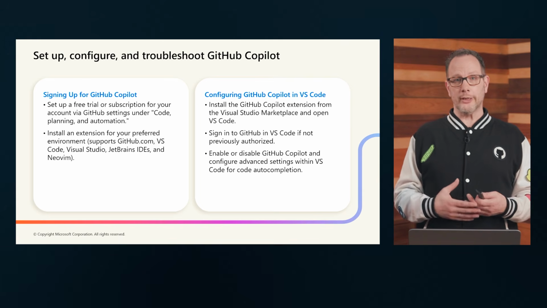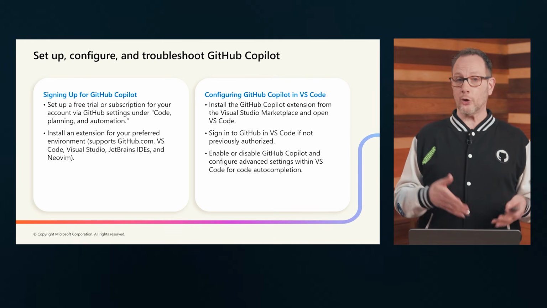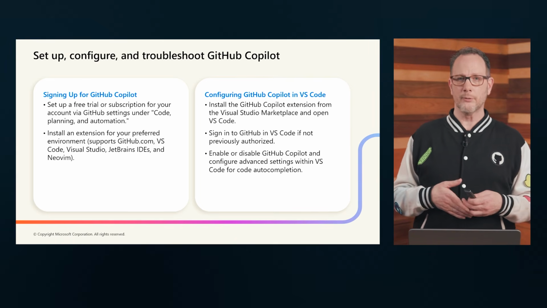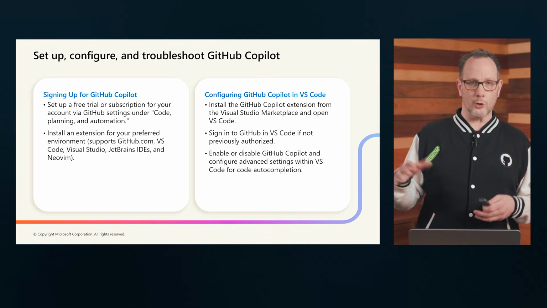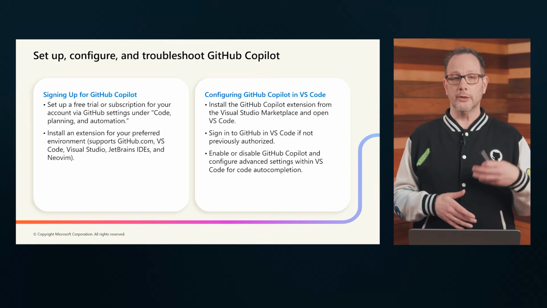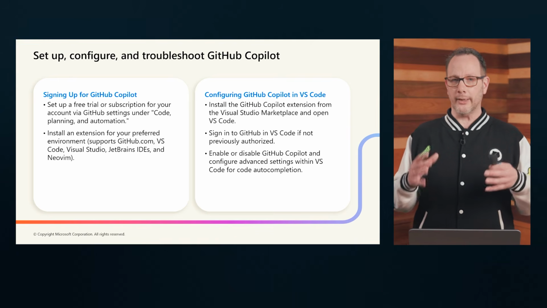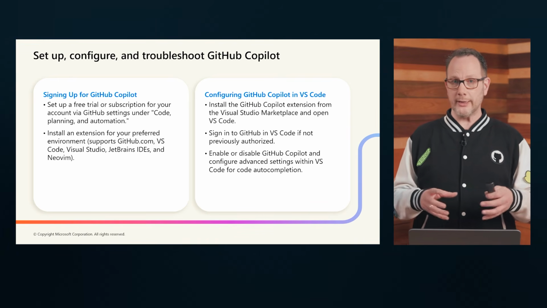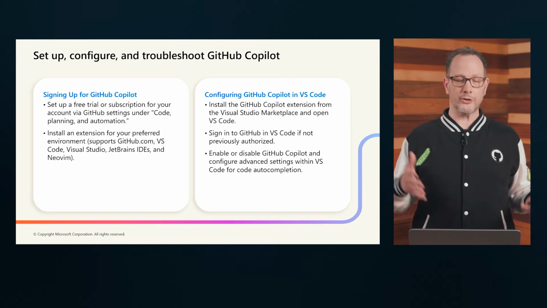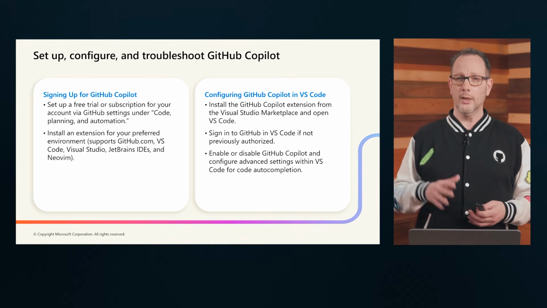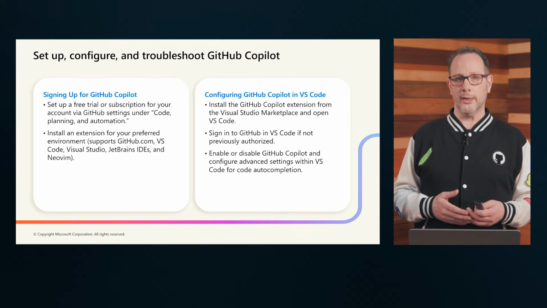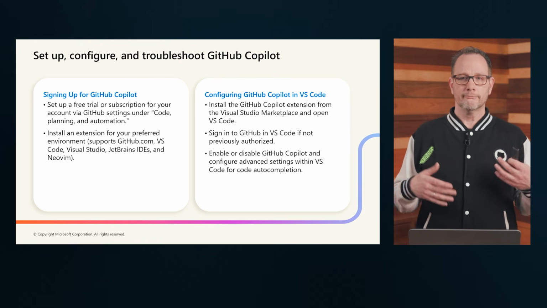From there, you install the appropriate extensions for your preferred development environment. So whether you work in VS Code, Visual Studio, JetBrains, NeoVim, or Xcode, GitHub Copilot integrates natively and follows a similar setup pattern. And you'll see how straightforward it is to get started.